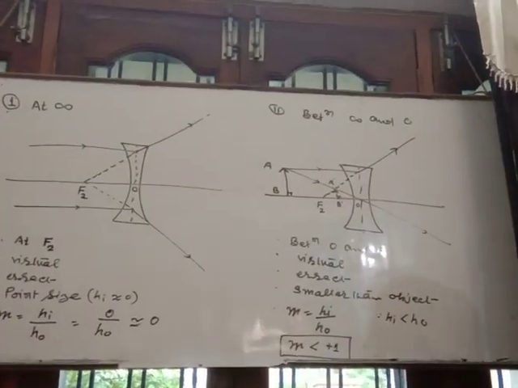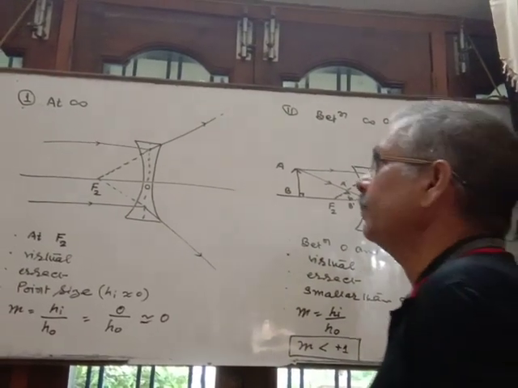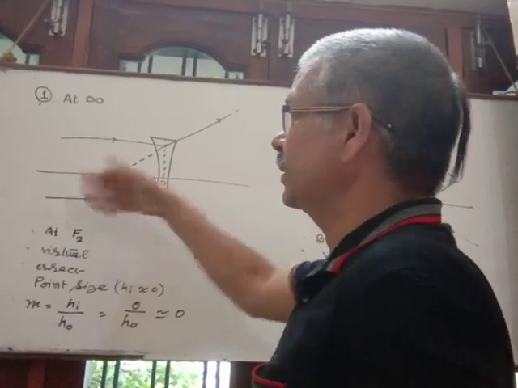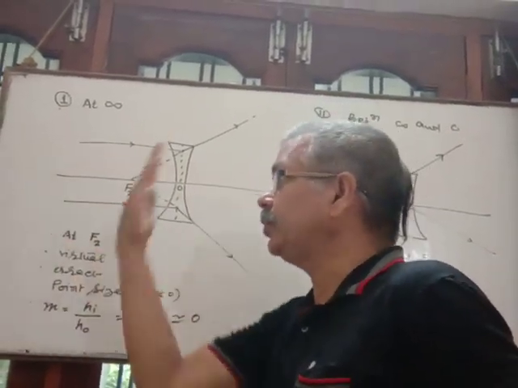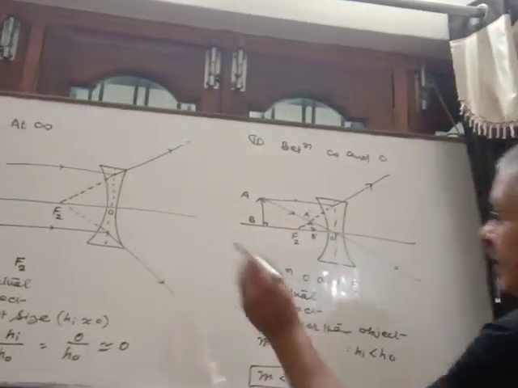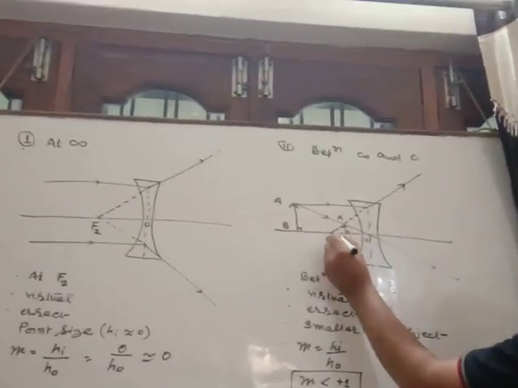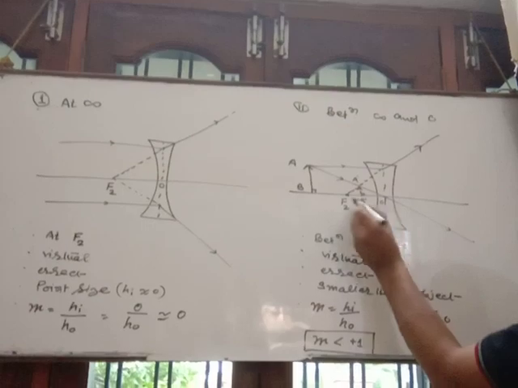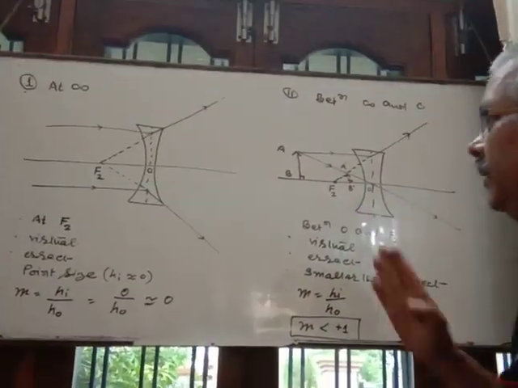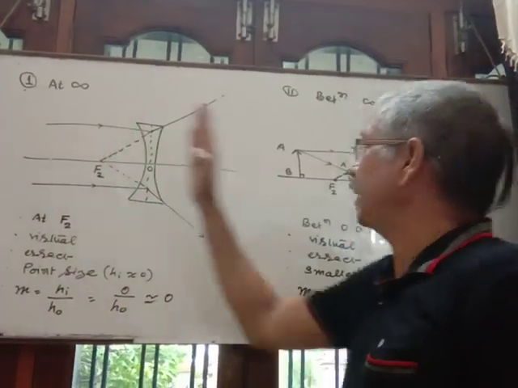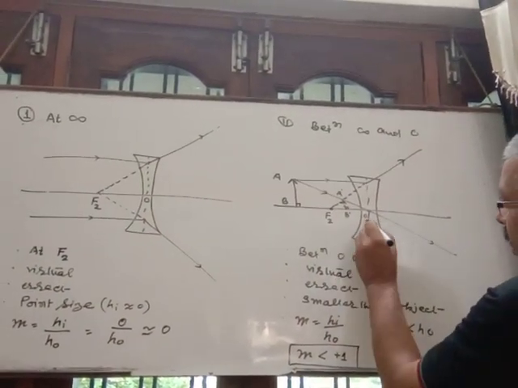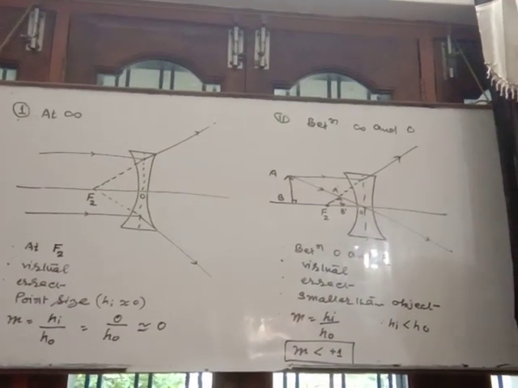So, see from these two ray diagrams, when the object is at infinity, the image is formed at the focus. And as the object approaches the concave lens, such as in the second case, your image shifts from the second focus to the optical center. But in each and every position of the object, the image lies between the optical center and second focus.